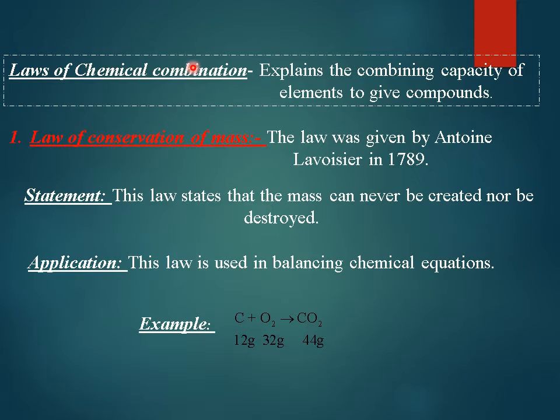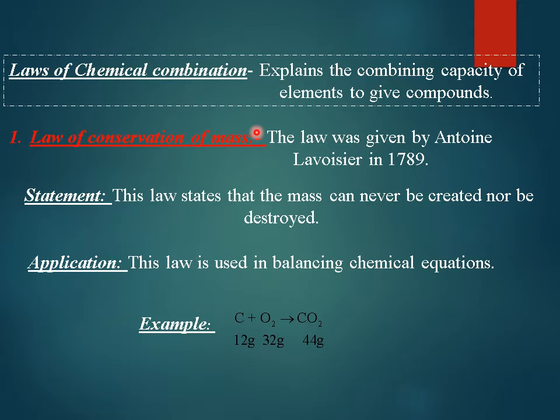So basically, laws of chemical combination explain the combining capacity of the elements to give you the compounds. How they are going to do it, in what ratio they are going to be present, how they are going to combine so that they give you the products. There are 5 basic laws that were given by different scientists.